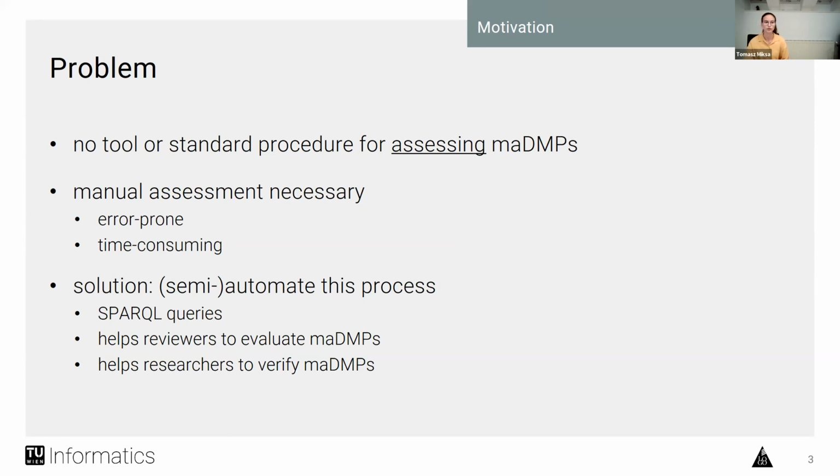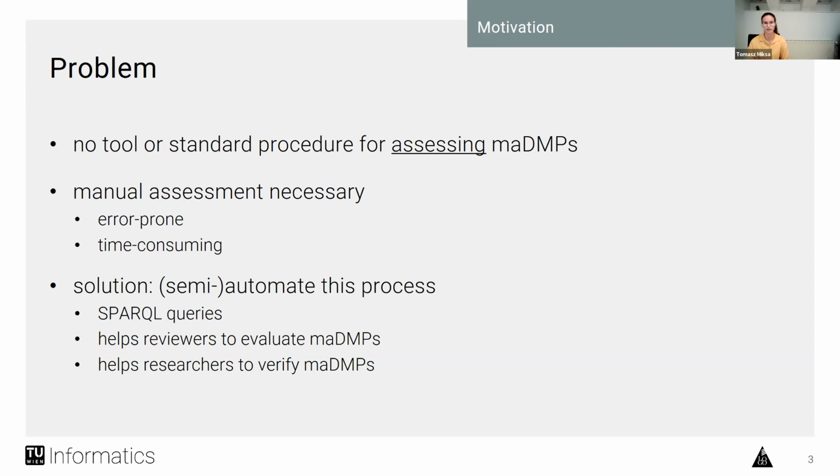So our solution to this problem, or our approach to solving it, is to semi-automate the assessment of maDMPs. And to achieve that, we developed SPARQL queries, which can be applied to RDF representations of maDMPs. And those queries collect and filter information from the maDMPs.